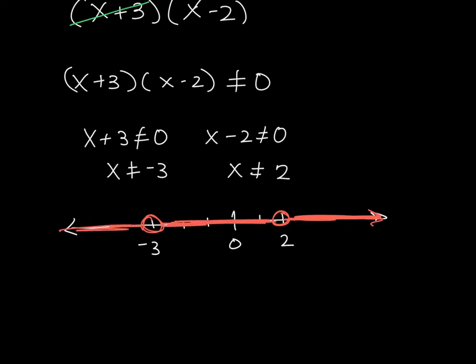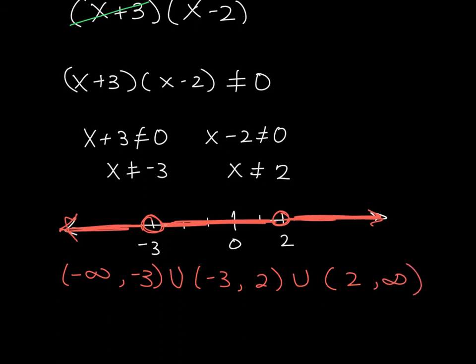Now, this becomes three parts. I have this first part, which goes from negative infinity up to negative 3. It does not include -3. I have to make a union symbol to join it with -3 to 2. And again, I join that one more time with 2 to infinity.